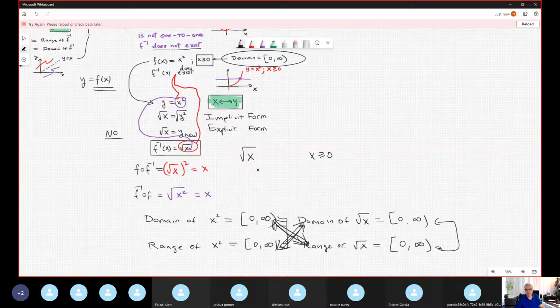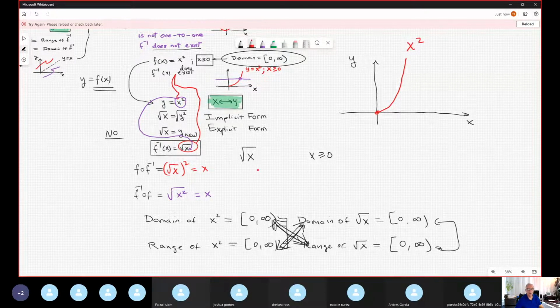Now the graph, we predict a little bit. After that, I want to check in Desmos. The graph is, you know, the parabola is something like that. This is x squared. And the inverse function is square root. The square root is a function like that.